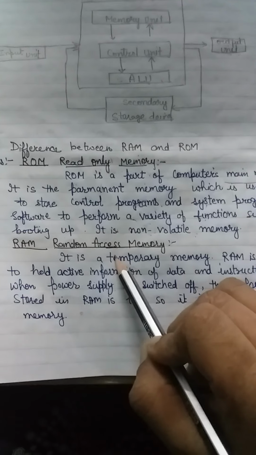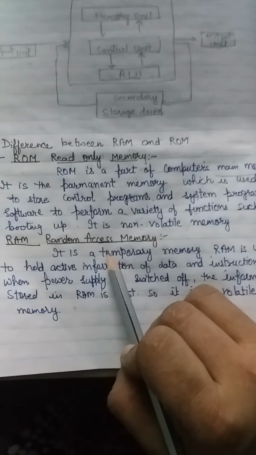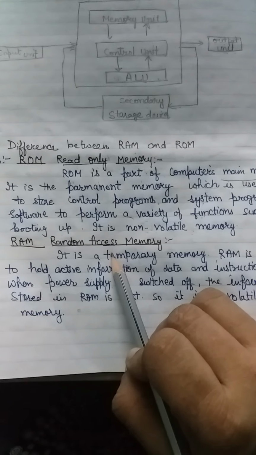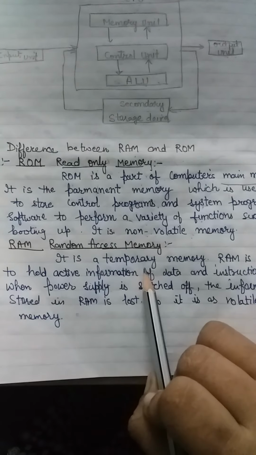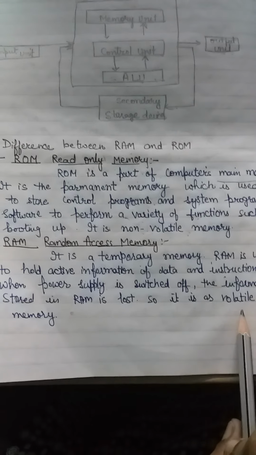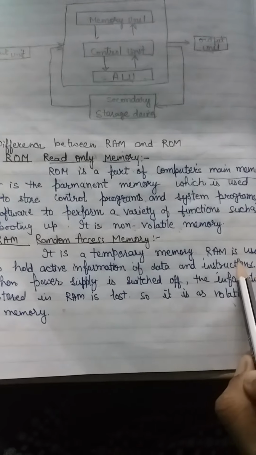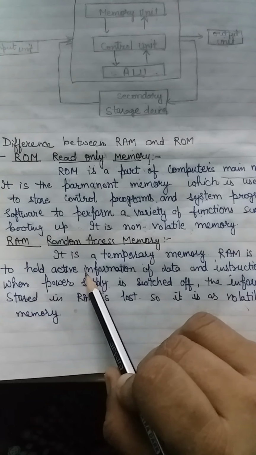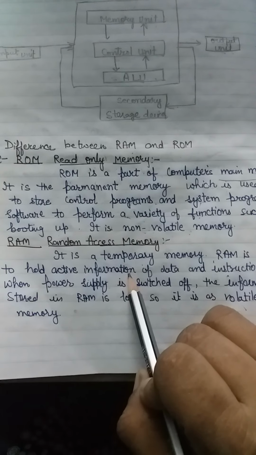Now next is the random access memory, RAM. Learn the full form again: random access memory. It is also called temporary memory and volatile memory. Why? Because the RAM is used to hold active functions that are performed by the users.